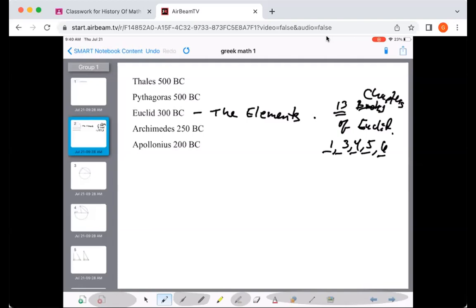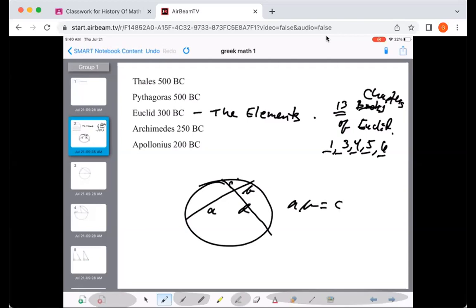Is it really that important to our lives that if you have a circle and two chords intersect, these products have to be the same, A times B has to equal C times D? How important is that to our everyday life? It's not important at all. But the proof of it is really sophisticated and clever.